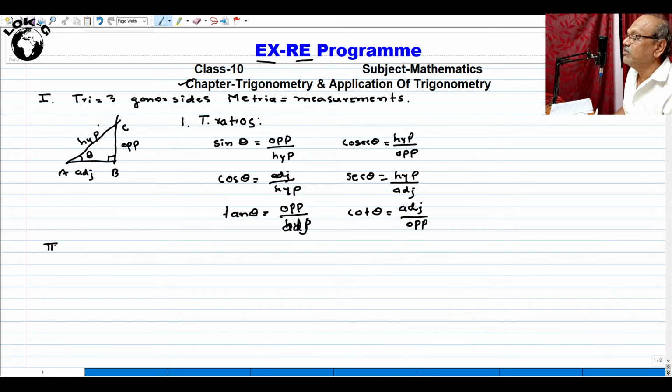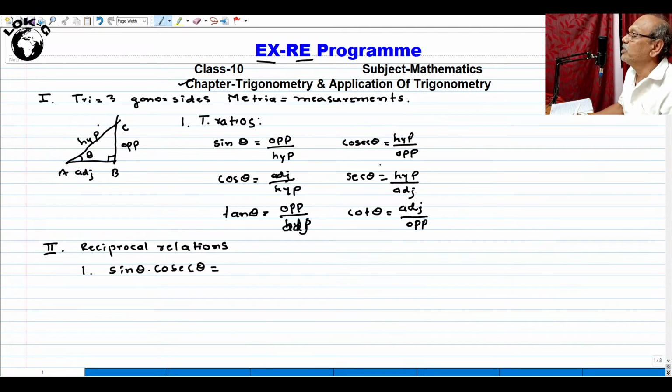Then comes the second set of relations. You can consider them as reciprocal relations. You can observe them in the first row, and you have to keep them in your mind. The first reciprocal relation is sine theta into cosec theta. If you observe carefully the definitions, opposite upon hypotenuse, opposite cancels, hypotenuse cancels, you get the answer 1.